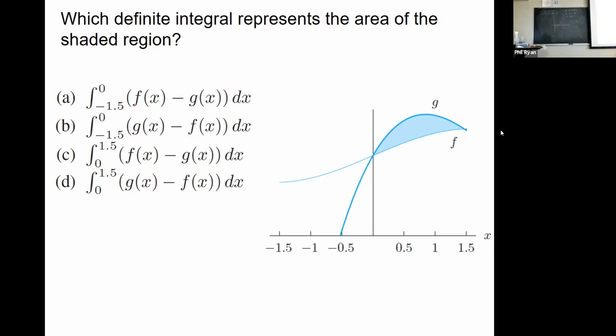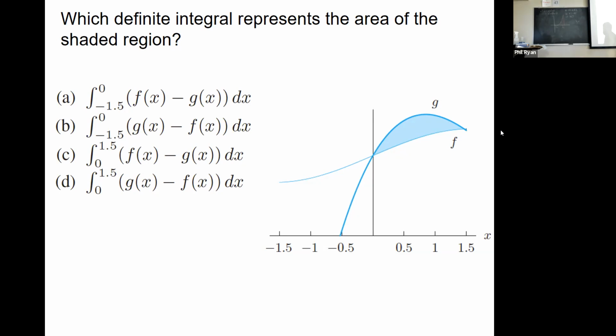Between here and here, right? So between 0 and 1.5. So definitely we can eliminate A and B. Okay. Which function is on top? So G is, so the answer is D.